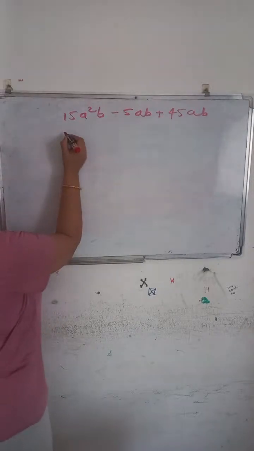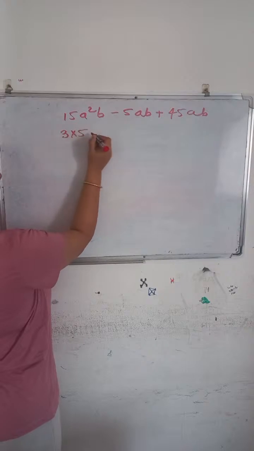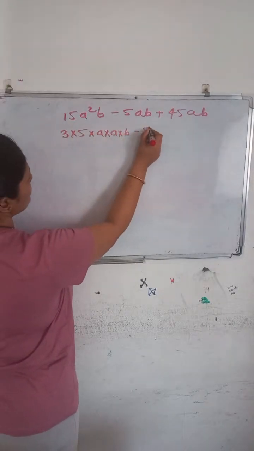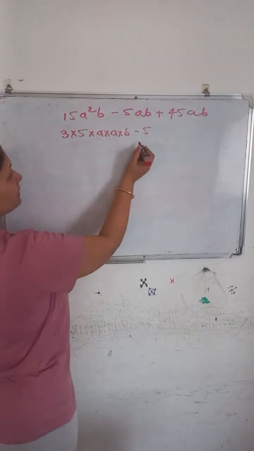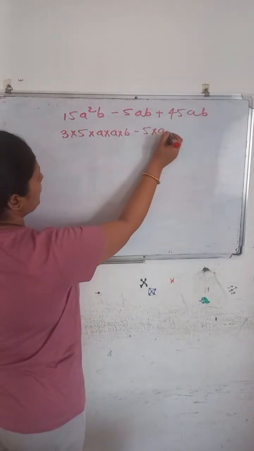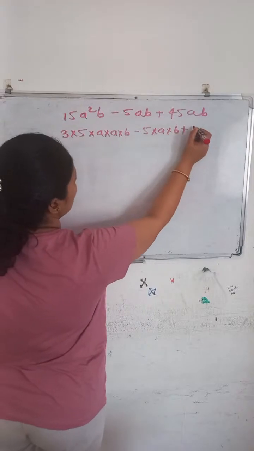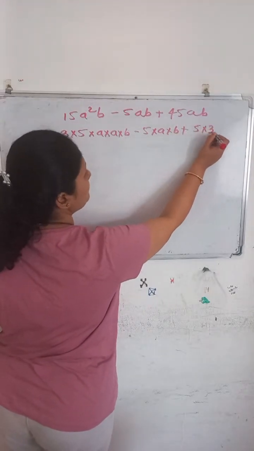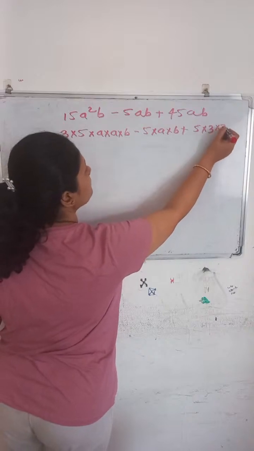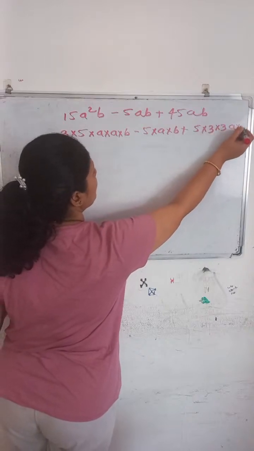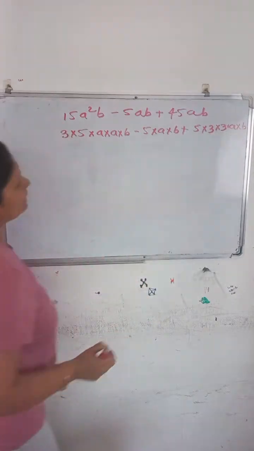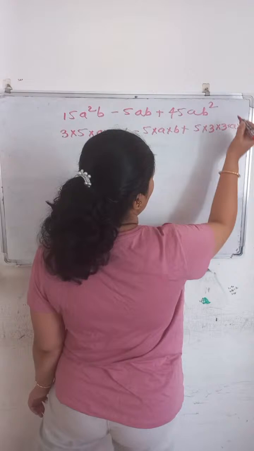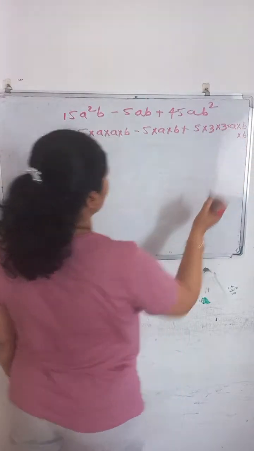So I will write here 3 into 5 into a into a into b, minus 5, 5 is a prime number, so 5 into 1 into a into b, plus 45: 5 into 3 is 15, 15 times 3 is 45, a into b. Okay, let me check. Not 45ab only, it's ab square. So one more b will come here.